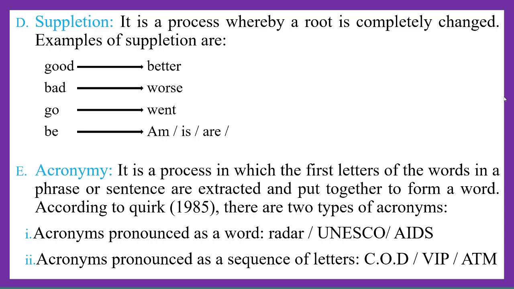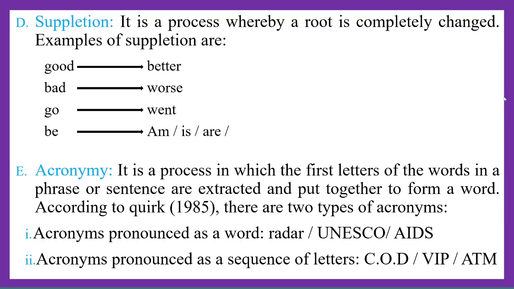First, acronyms pronounced as a word, as one word, like radar, UNESCO, AIDS. Okay, so they take the initial letters and put them together, but they are pronounced as a word.